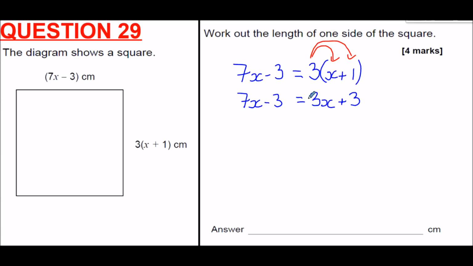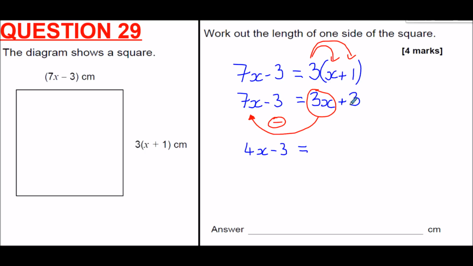So take away the smallest number of x's, which in this case 3x is smaller than 7x. So bring these 3x's over to the 7x, but if they swap sides, we swap signs. So we're going to take 3x's off. What we're actually doing is subtracting 3x from both sides so that they'll vanish from the right hand side. So 7x take away 3x, we'd have 4x on this side, minus 3.